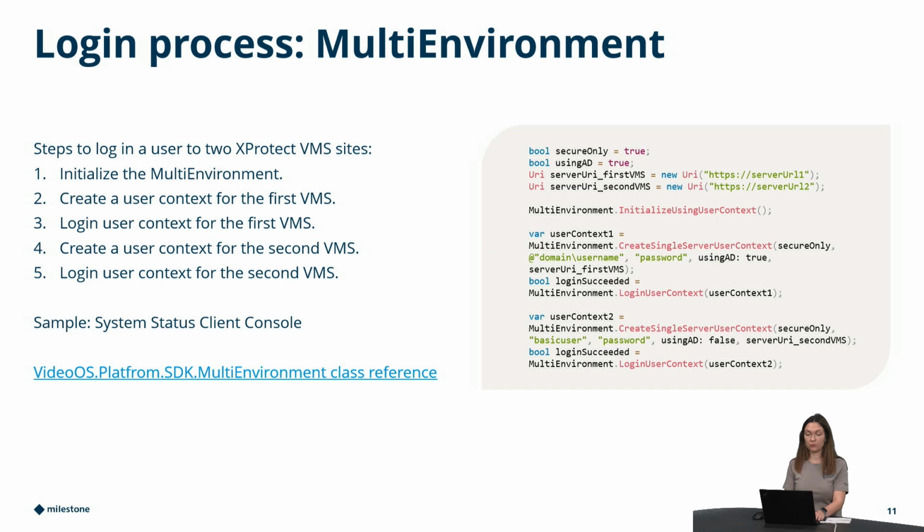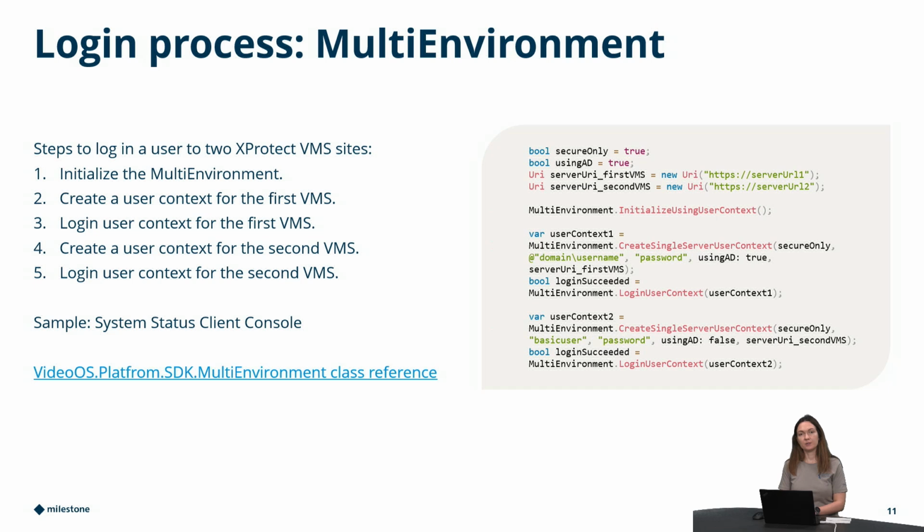Now let's move on to the login process in the multi-environment. The multi-environment is the environment where you store the configuration per user and you can connect to many VMS sites. Multi-environment makes it possible to combine data from several sites, and it is an alternative to the Milestone federated architecture.